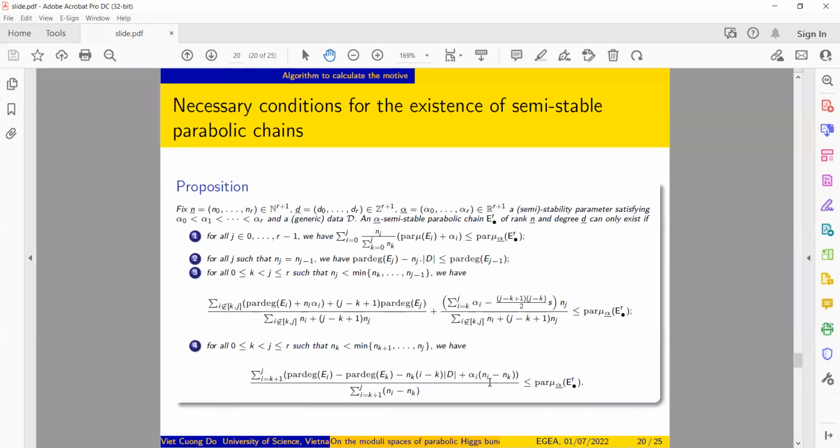This proposition tells you under what conditions on n, d, alpha, and the matrix d this set is empty or not.